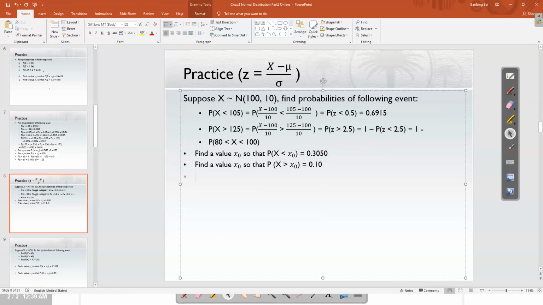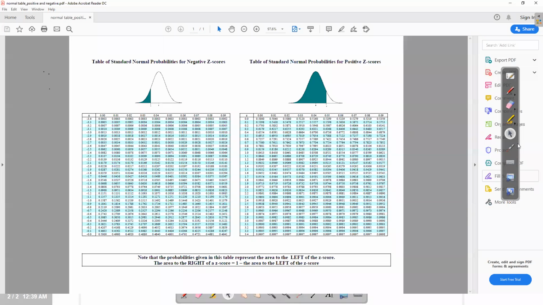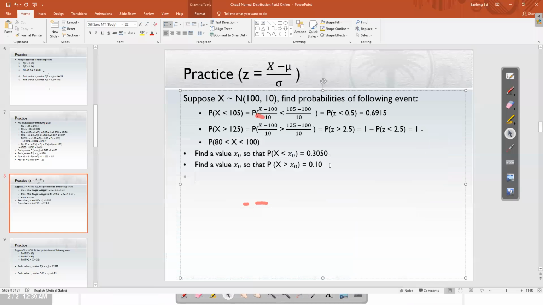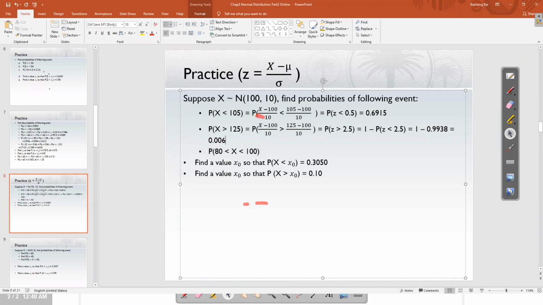So we go to the z table again, look for the probability of z less than 2.5. It will be 2.50, right? So the corresponding probability is 0.9938. So 1 minus 0.9938 is 0.0062.